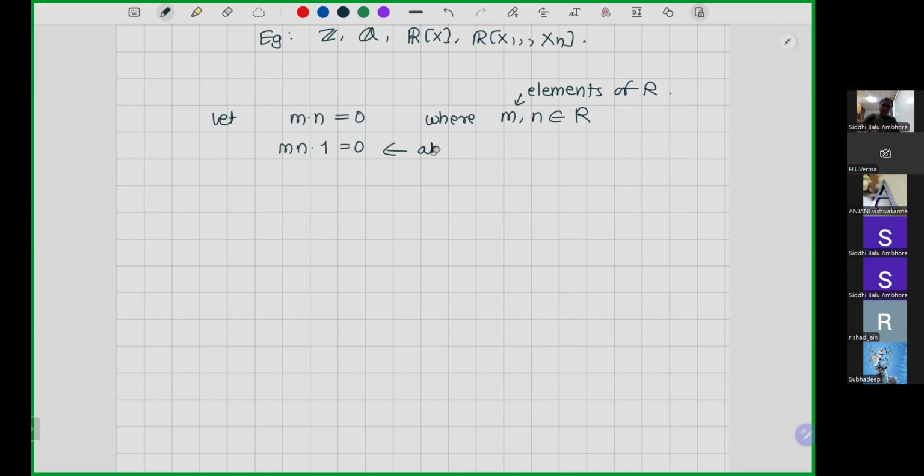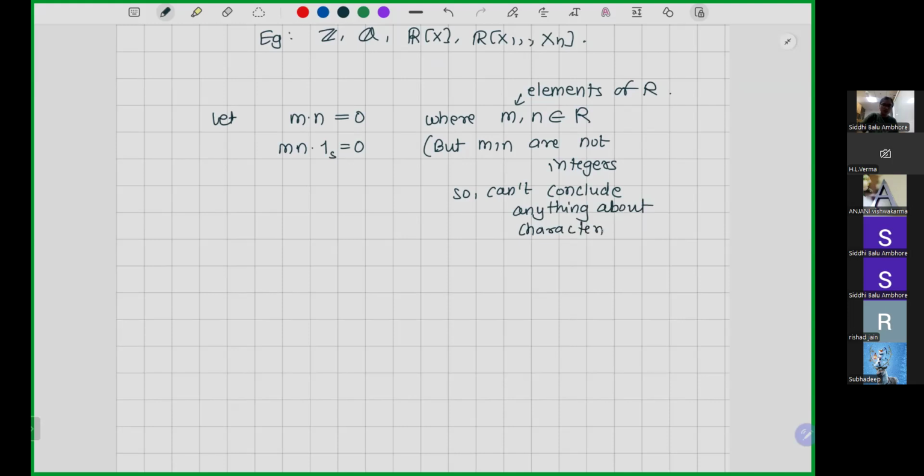This is true, but m, n are not integers here, so we can't conclude anything about characteristic. Okay, if this helps.